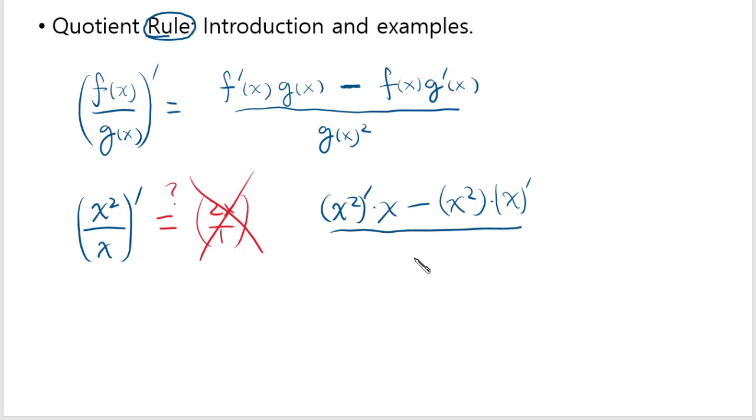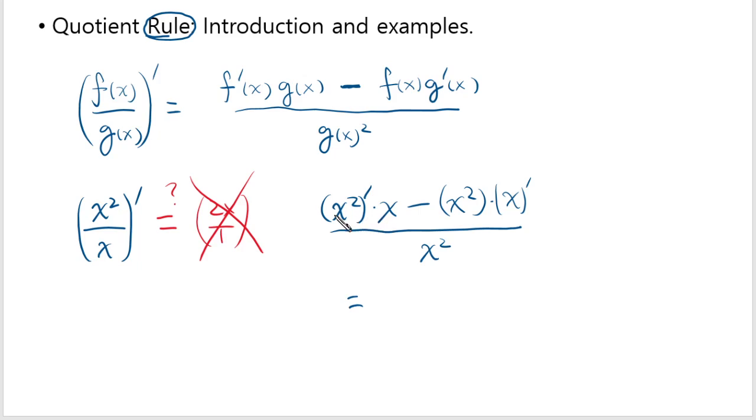In all these derivative rules, everybody gets a turn. So x squared gets to be differentiated at some point, x gets to be differentiated at some point, and then you divide by the denominator squared.